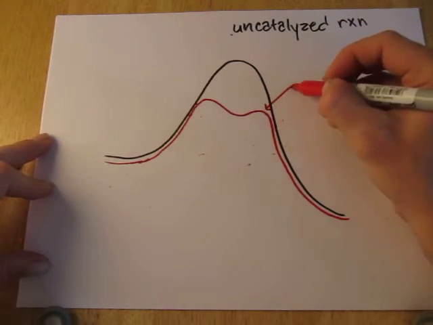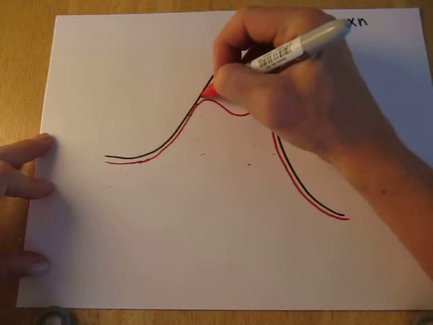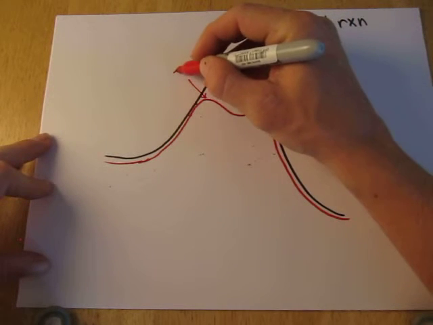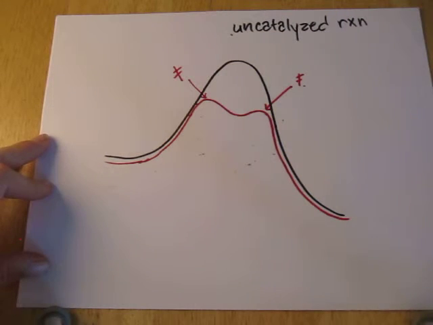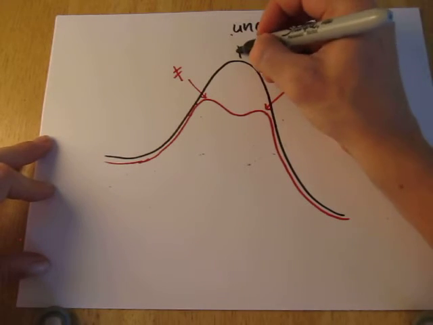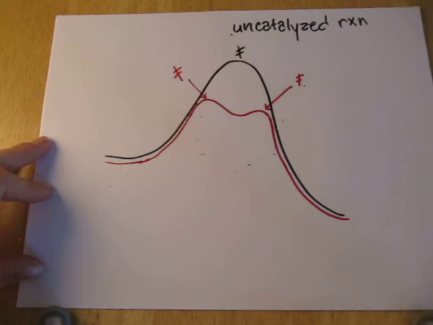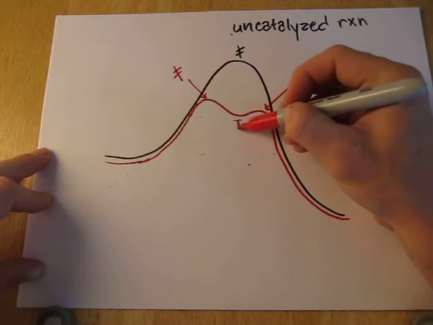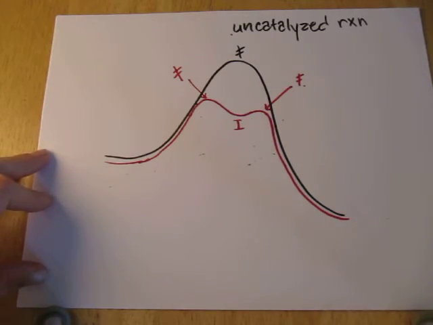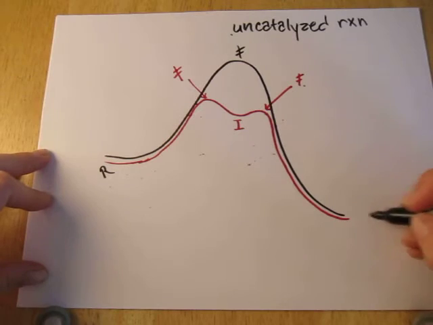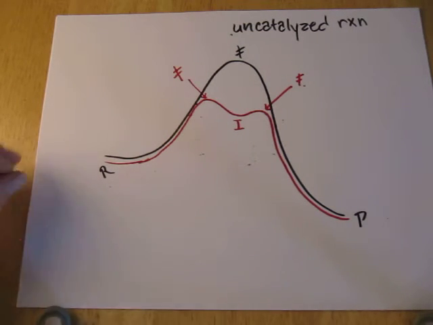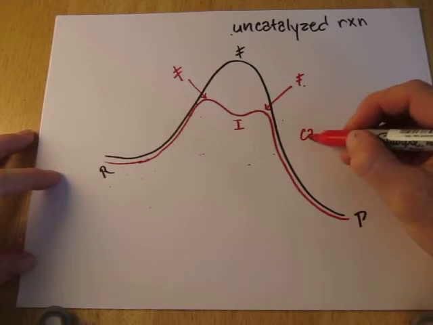And so we've got transition states in both cases that take a certain activation energy to get there. But we've got an intermediate here that we don't see in the normal reaction that allows it to go faster. And that is pretty much how most things are catalyzed.